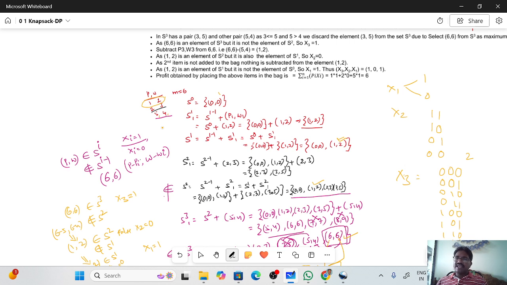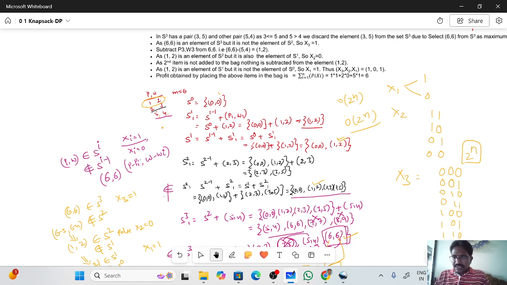Each item is either considered or not considered, nothing but the binary 2 power n. So this is our state space set tree, the maximum sets we are getting. That means what is the time complexity of this one? Order of 2 power n by using the set theory idea. And also what is the space it demands? All sets, nothing but order of 2 power n. So this is approach 1.